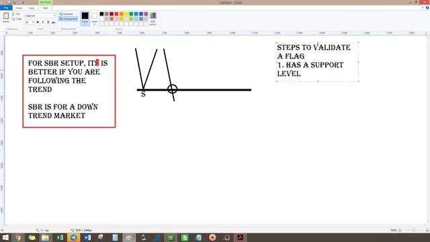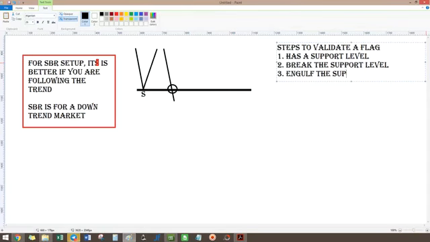For resistance, you just need to flip the chart. First, has a support level. Second, break the support level. Third, engulf the support level, and then engulf the break.